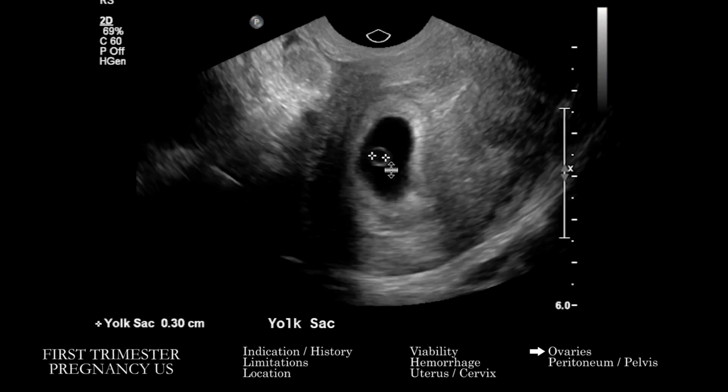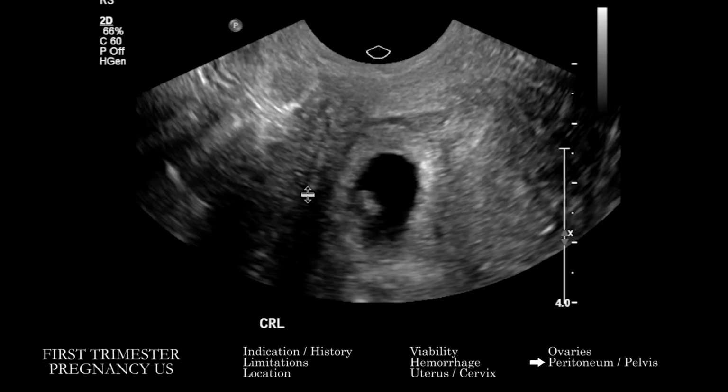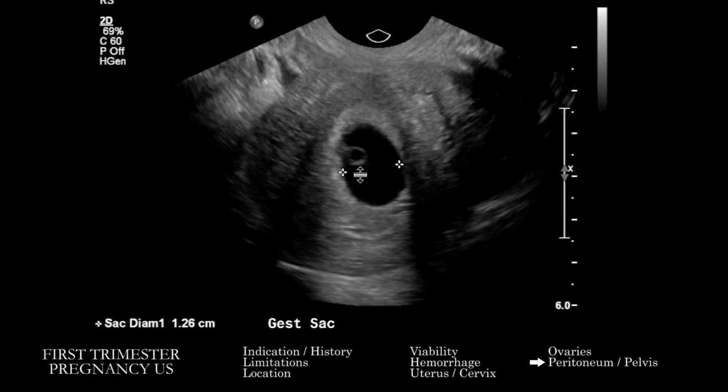Okay. And then, as usual, on these pelvic or transvaginal ultrasounds, and similar to the ultrasound of the first trimester pregnancy, we're going to want to see if there is free fluid in the pelvis.